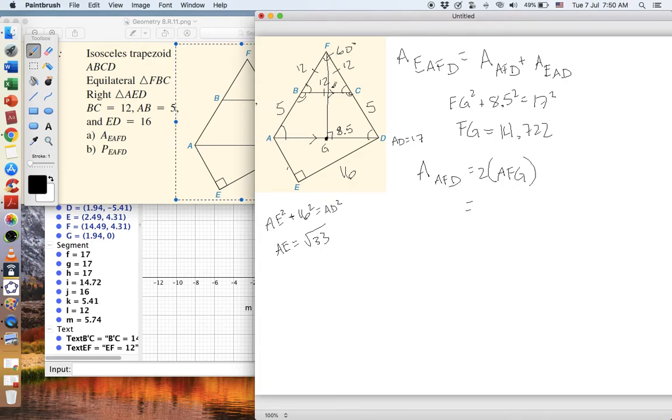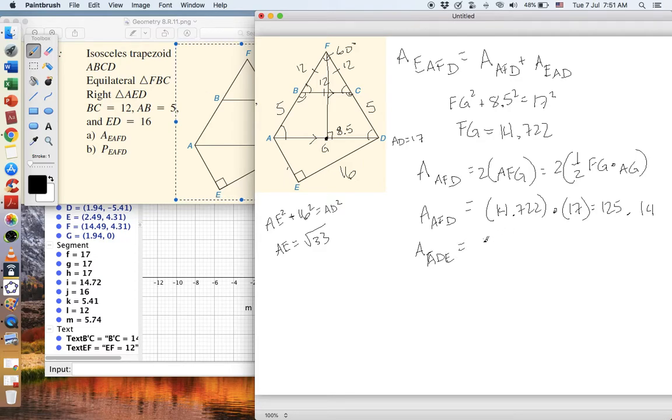And so we've got two of these right triangles, and so we can just drop that 1/2. 2 times 1/2 FG times AG. We know the AG and GD are equal, and so the area of AFD is just equal to that altitude height there, 14.722 times 17, or 125.14.